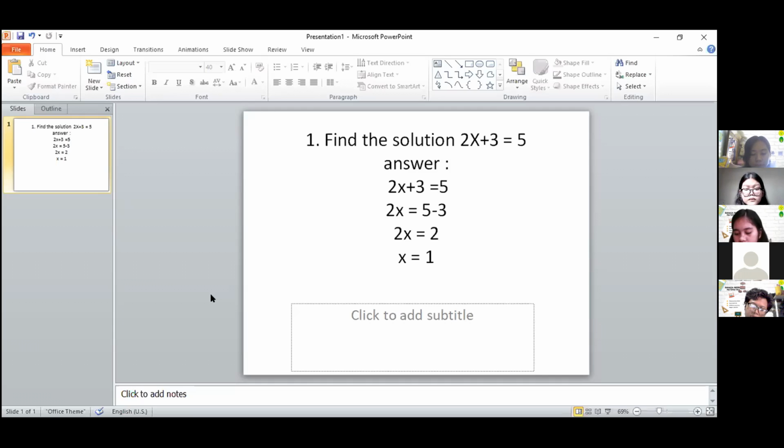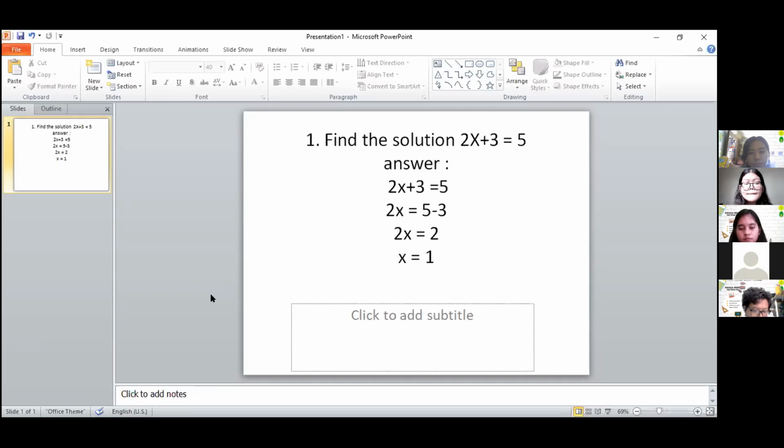On the right side, 5 plus minus 3 equal 2. So on the left side we have 2x plus 0. 0 comes from 3 plus minus 3, because minus 3 is the additive inverse of number 3.